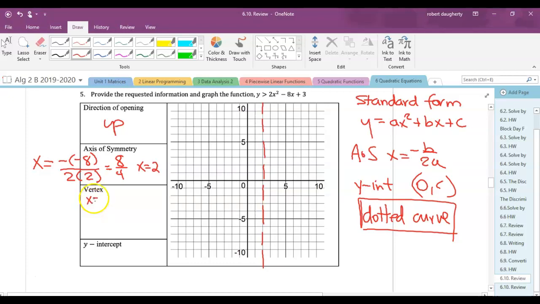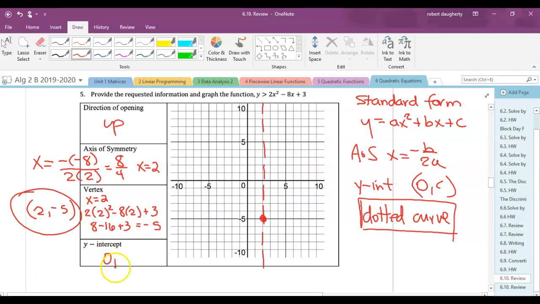Since x equal 2, I get 2 times 2 squared minus 8 times 2 plus 3, that is 8 minus 16 plus 3, which is negative 8 plus 3, which is negative 5. So (2, -5) is the vertex, which is right here. And I know that the y-intercept is going to be (0, 3).